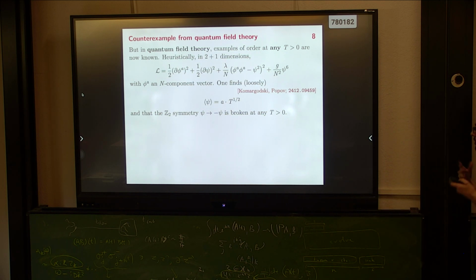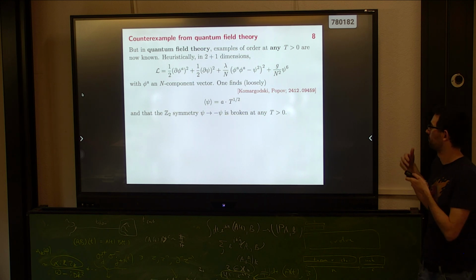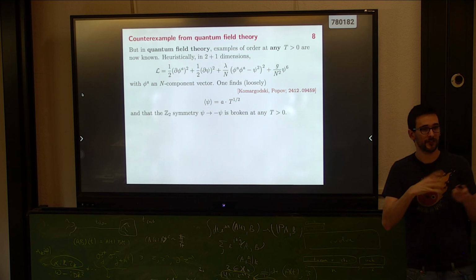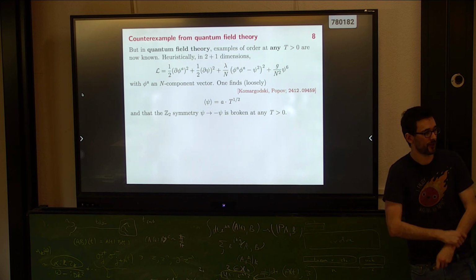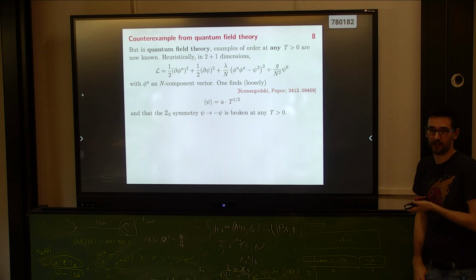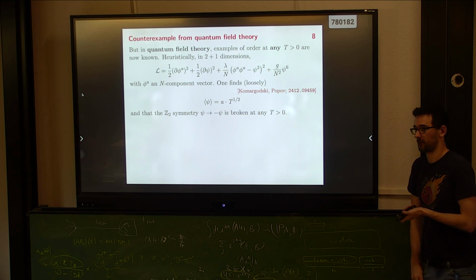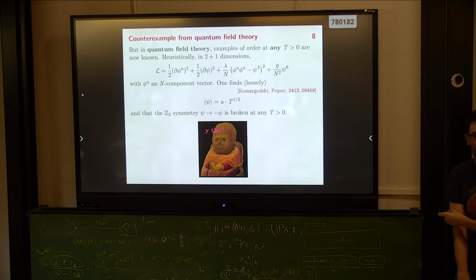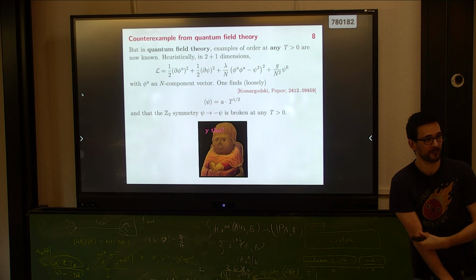And they did a very technical calculation to find the flow of this theory to a conformal fixed point, to evaluate the saddle point equations at large n, and to check by brute force that psi picks up a vev. Okay. But at least to us, this was very mysterious, and we didn't really understand at the beginning how this was possible. Okay.